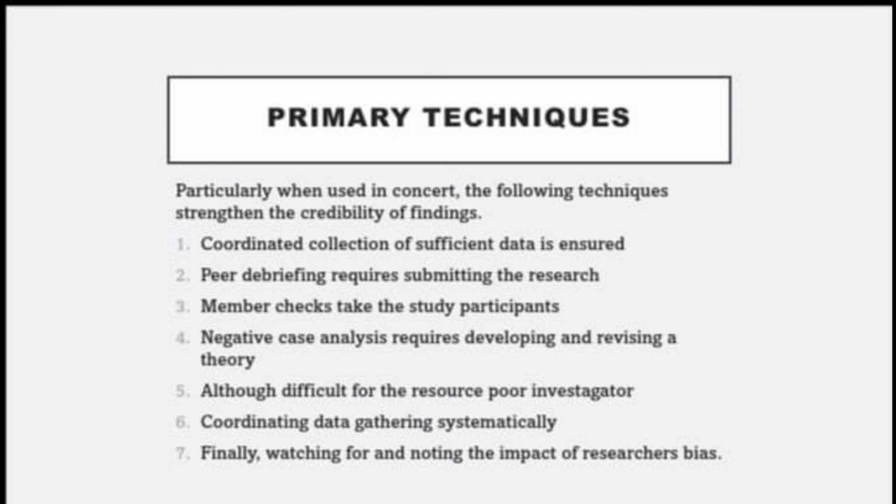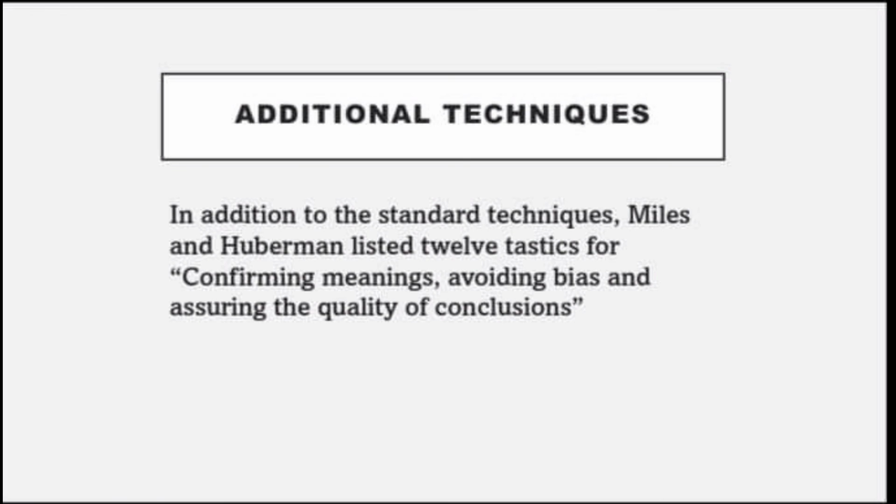Coordinating data gathering systematically. 7. Finally, watching for and noting the impact of researchers' bias. Additional techniques. In addition to the standard techniques, Miles and Huberman listed 12 tactics for confirming meanings, avoiding bias, and assuring the quality of conclusions.